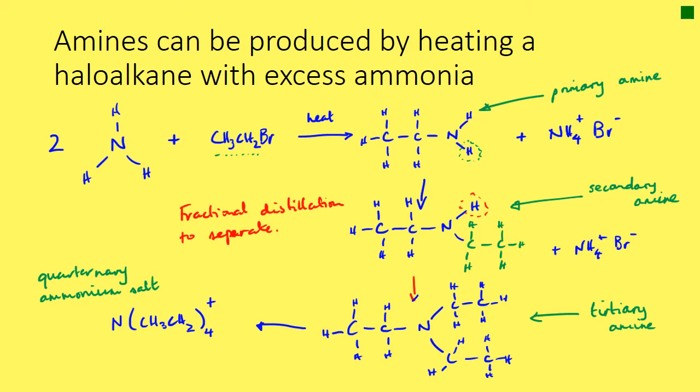And what we're going to get is an amine. We're going to study this reaction mechanism in a minute, but for now, let's just write down the amine. We've got our carbon chain, and our bromine has been replaced by our NH2 group.